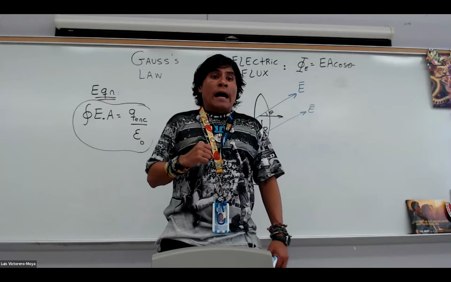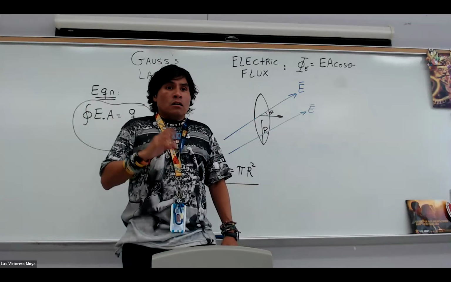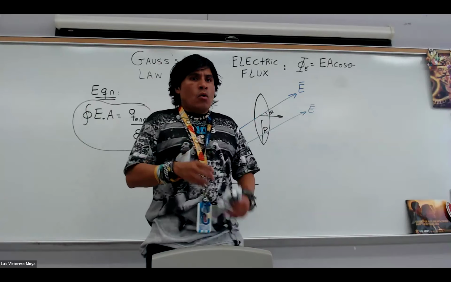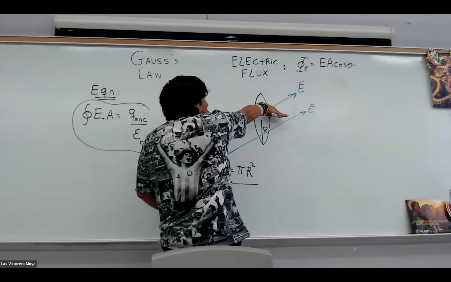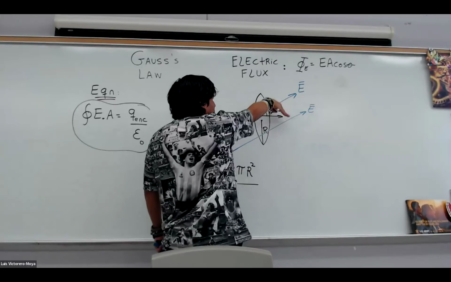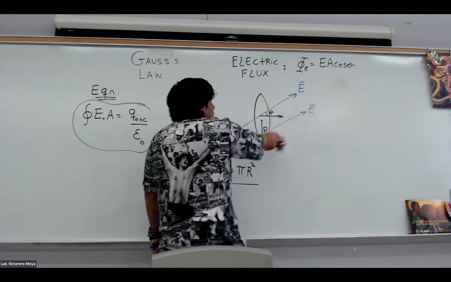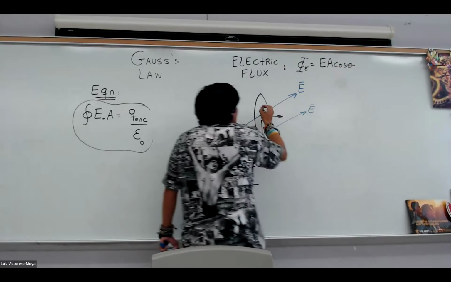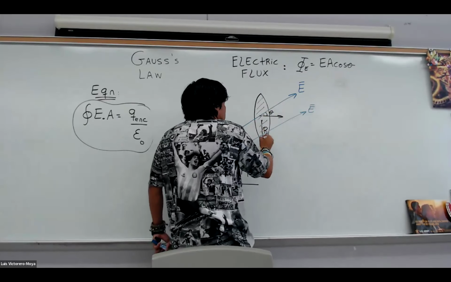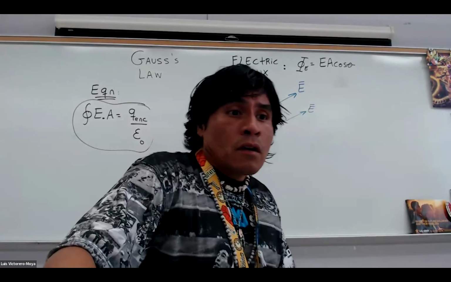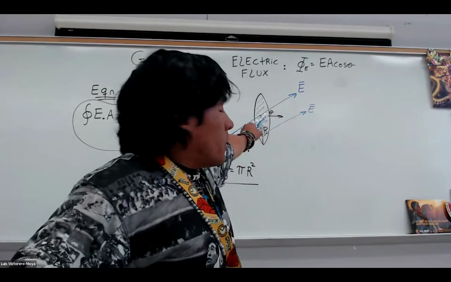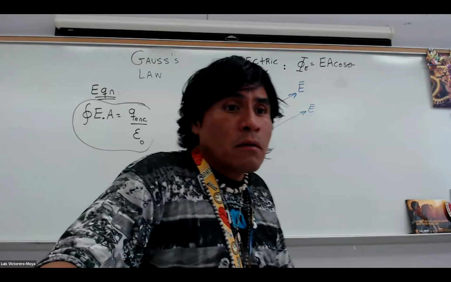So you can already explain that if I use the horizontal component of the electric field, that's E cosine times the area of this. So that's flux. All right, and the area vector, I already drew it there as well.